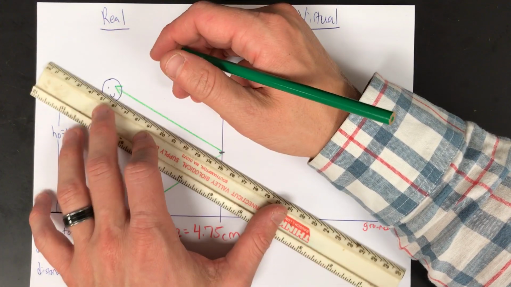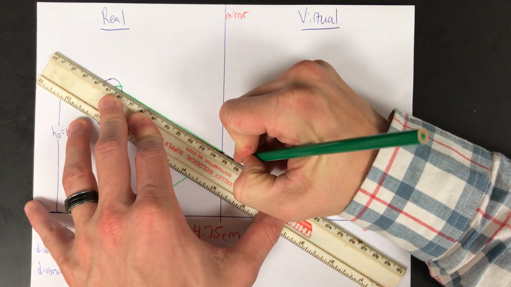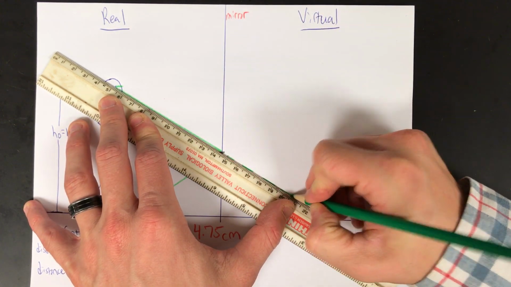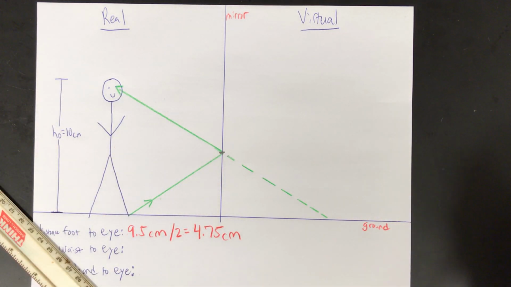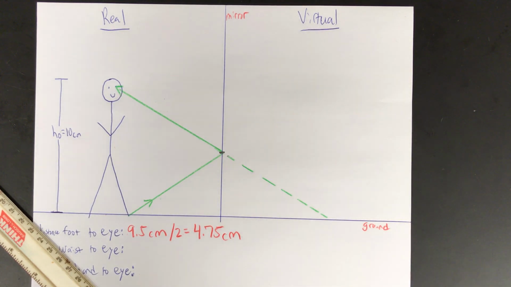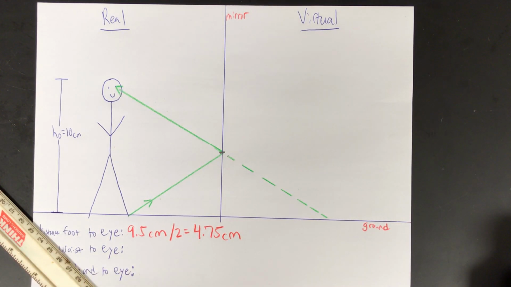Trace that back behind the mirror until it's the same height as the foot. There you go. Now I traced that with a dotted line because that ray of light on the virtual side of the mirror, it's not real. So it's on the virtual side, the light always gets dotted lines because it doesn't actually exist.